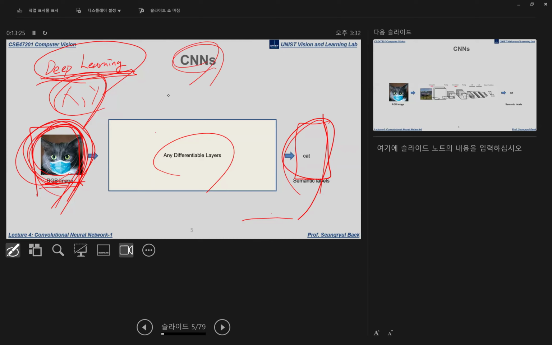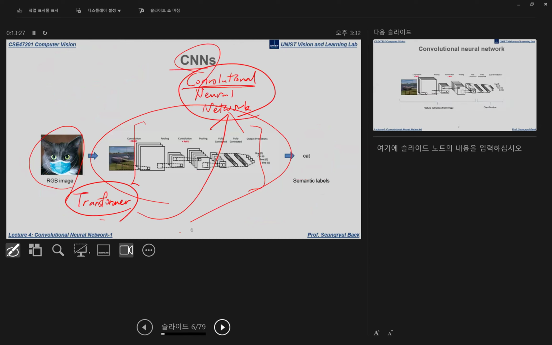But after that, we realized that the transformer architecture, having the attention mechanism as its main operator, which is also a differentiable operator, produces better accuracy than CNNs nowadays. So we are replacing CNNs with transformers now.